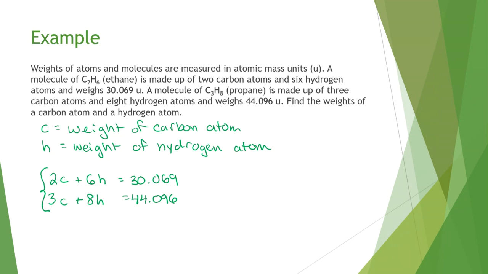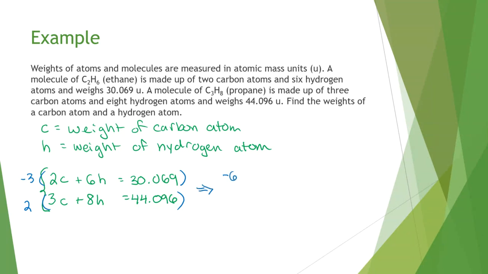Otherwise, if I'm looking at the 6 and the 8, I can make those equal 24. That's a little bigger, so I try to pick the smallest one. I'm going to choose to eliminate the C and make them 6C and -6C. It doesn't matter which one is which. I'll multiply the first equation by -3 and the second equation by 2.